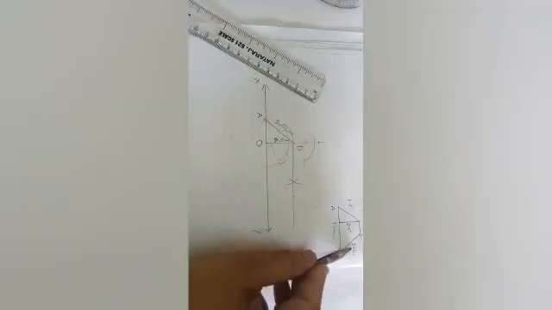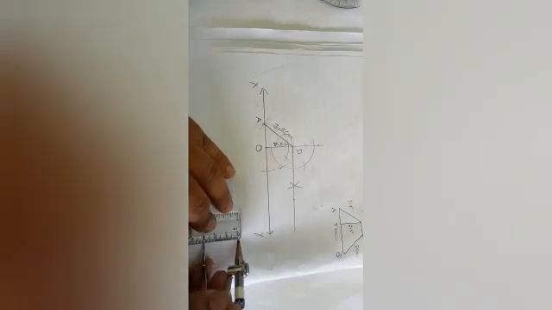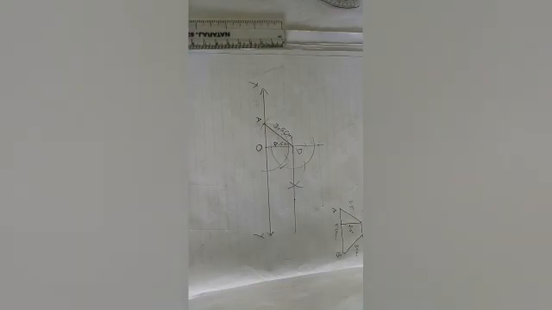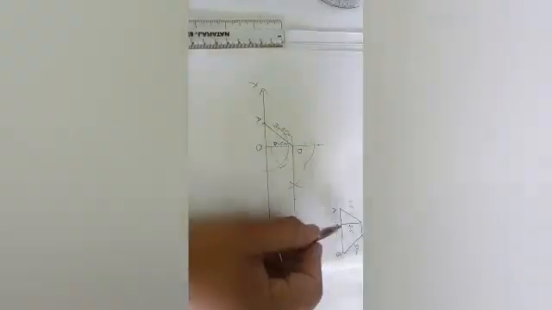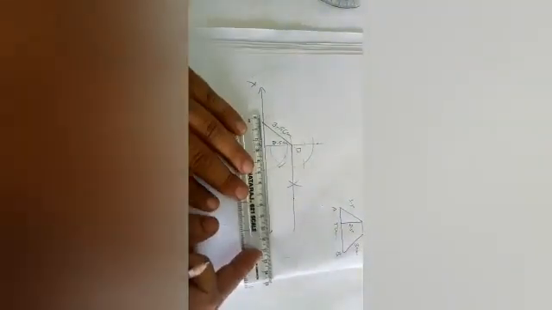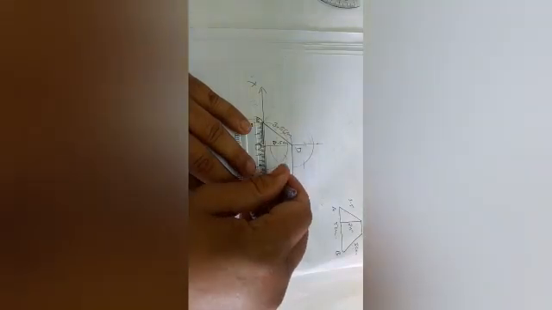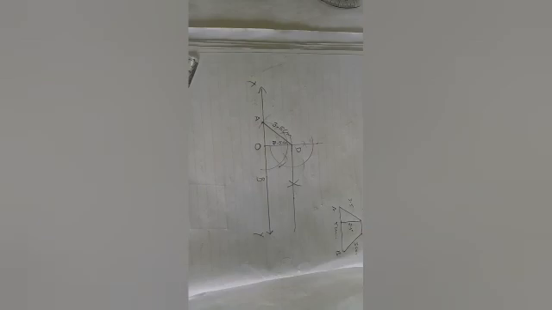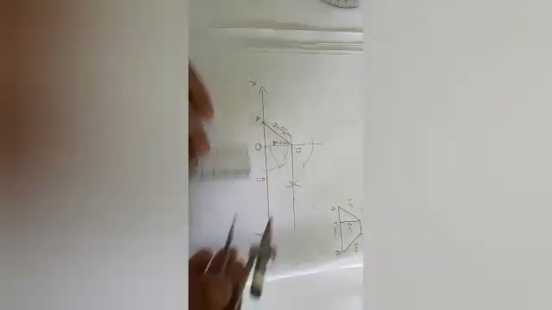Now the next was 3 centimeter. Before measuring 3 centimeter, what was the line AB? That is 5 centimeter. From point A, draw a line of 5 centimeter, name it point B. Now you measure 3 centimeter.